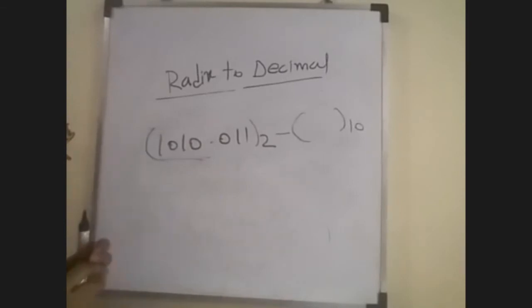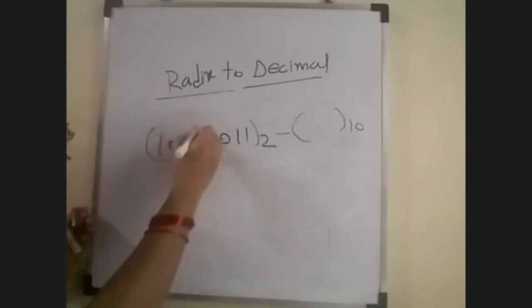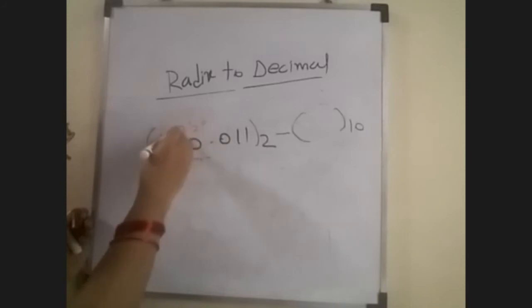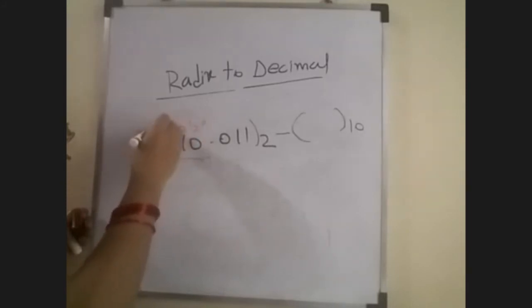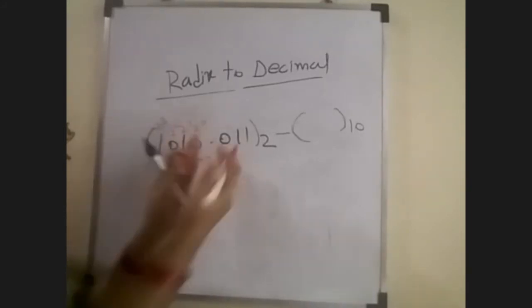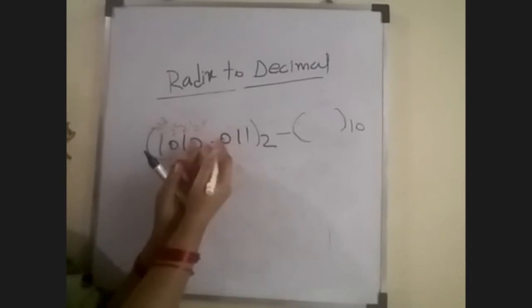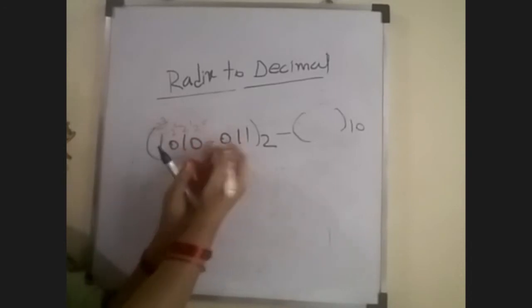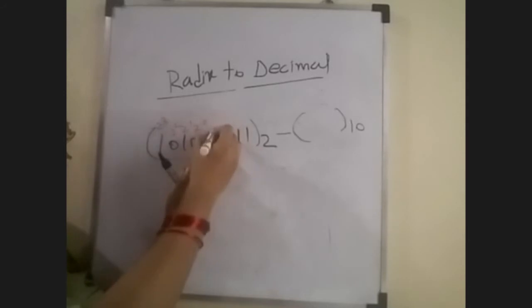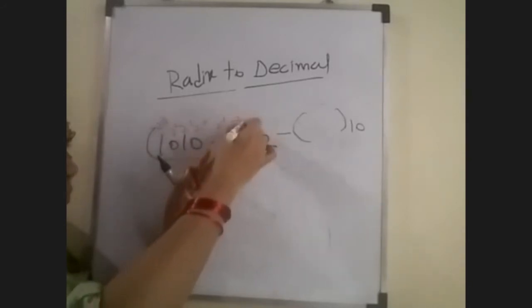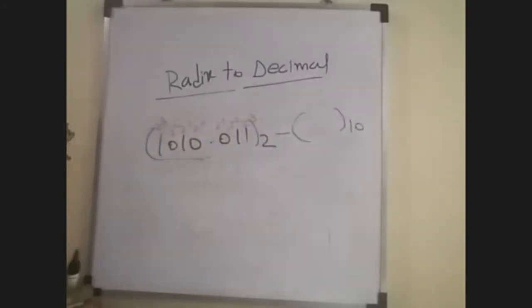This is 2 power 0, 2 power 1, 2 power 2, 2 power 3. After this, the fractional part will come, so you write 2 power minus 1, 2 power minus 2, 2 power minus 3. Is it clear now?